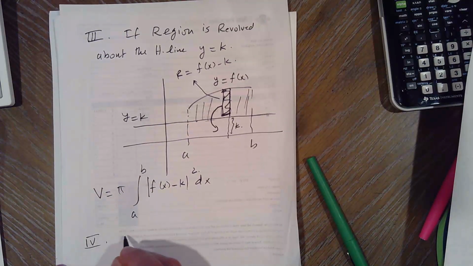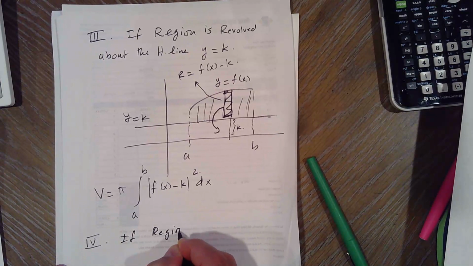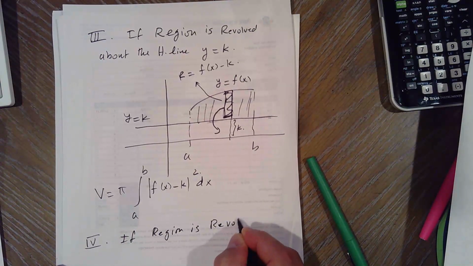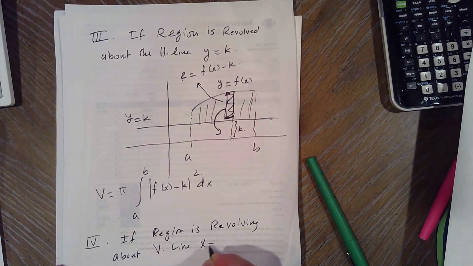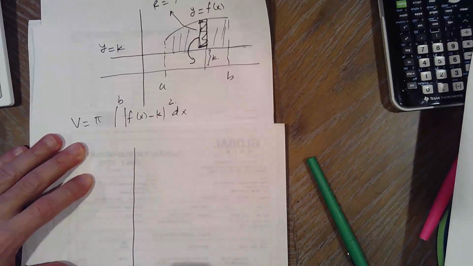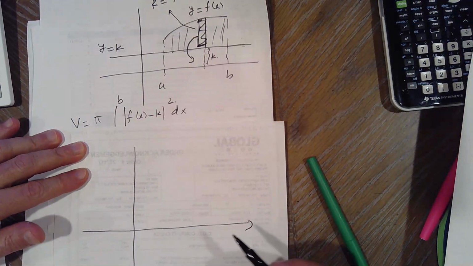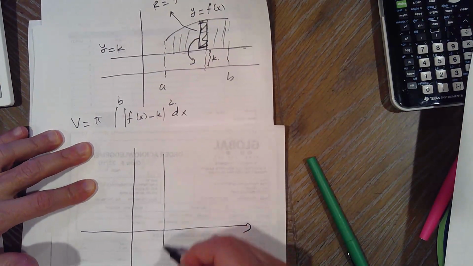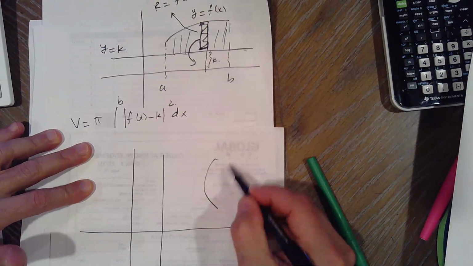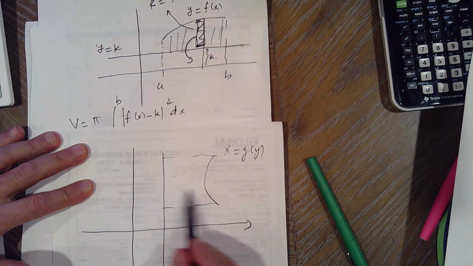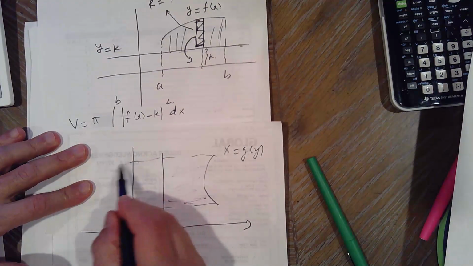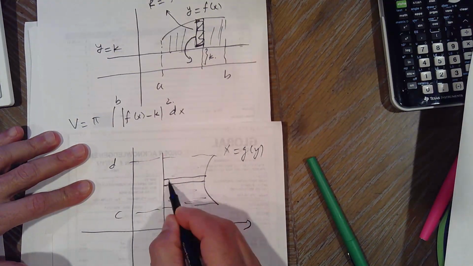And if the region is revolved about a vertical line x equals h, then the volume will be, so if this is x equals h and this is x equals g of y, and we're going this way, this is the region from c to d. We do a cross section perpendicular to the axis of revolution.